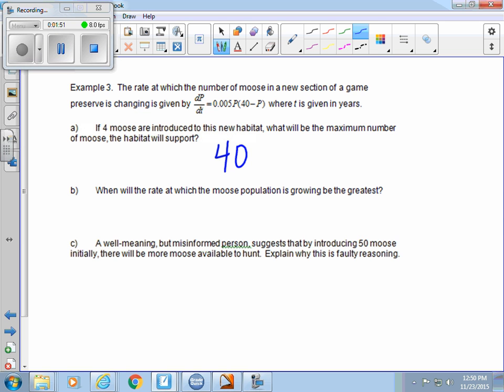So we have the equation for the rate of change. I'm going to take the derivative to find when it is a maximum. So the second derivative, if you distribute, what is 0.005 times 40? 0.2 minus 0.01.